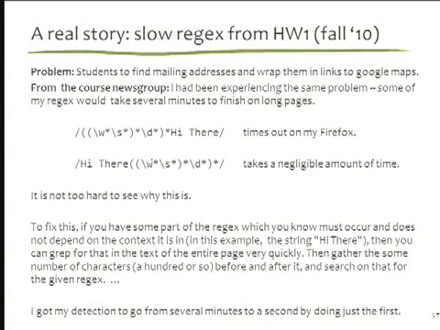The problem was to find mailing addresses: identify what looks like a mailing address with a regular expression, and then wrap it into a link such that when you click on it, it goes into Google Maps and shows you that address. It's not easy to find mailing addresses because they come in different formats and can be interwoven with HTML tags.